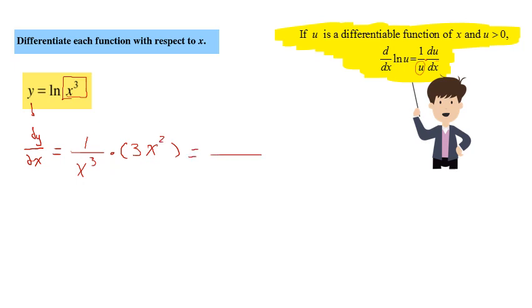So 3 multiplied by 1 is 3, and x squared divided by x to the power of 3. Now I can simplify by cancelling x to the power 2 with x to the power 3, so the remainder is 3 on top and x on the bottom. So the derivative of ln x to the power 3 is 3 over x.